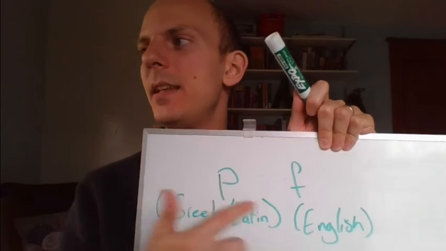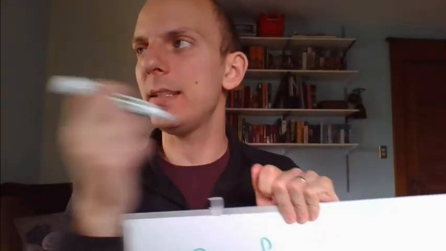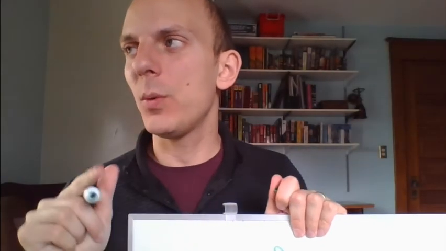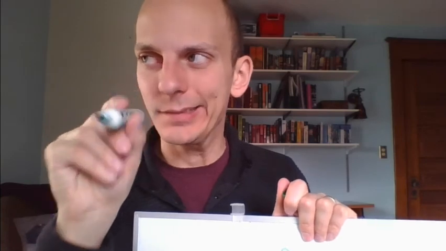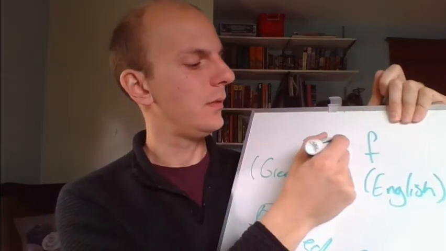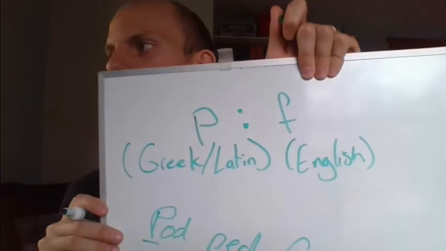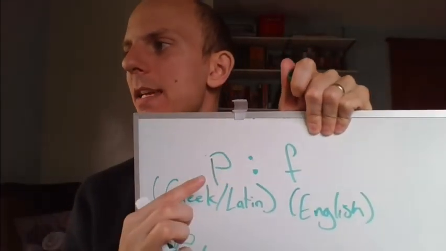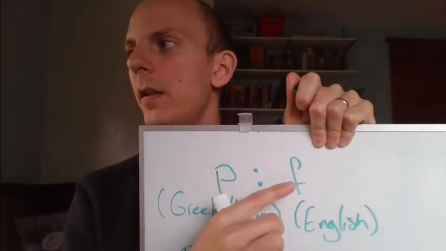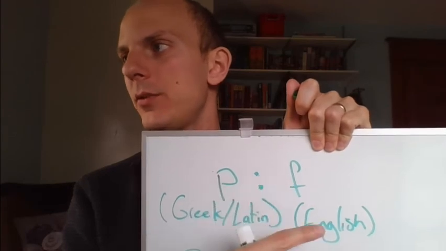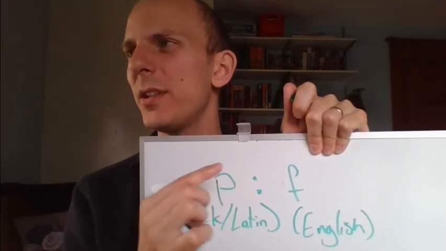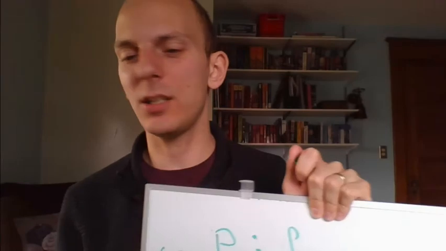English didn't descend from Greek and Latin. They're just related. So instead of that arrow, we're actually going to put a colon in there. Like this. To show that P in these languages corresponds to F in this language. This is a correspondence. And we're actually going to call this.